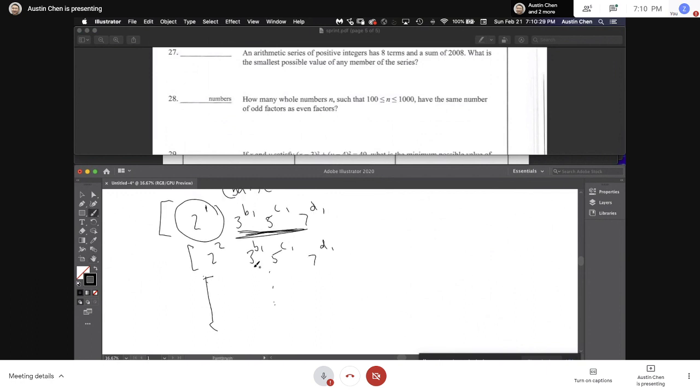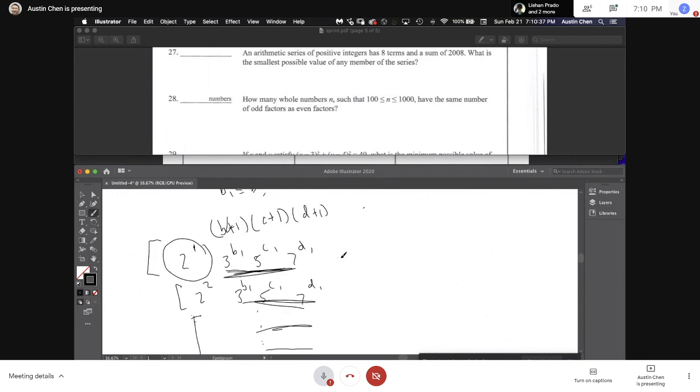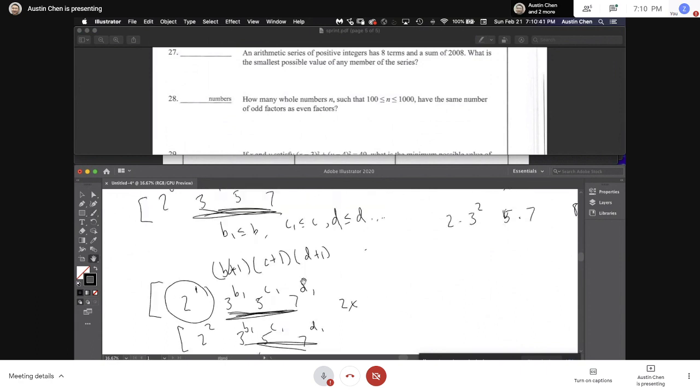But if we could include 2 squared or more, right? Then we're going to have more of these, right? Like if we just have 2 squared and nothing else, then we're going to have exactly 2 times as many even factors as odd factors. But we want our even factors and odd factors to be the same, right? So then we only want to have the 2 to the first case. If we can only have the 2 to the first case, what does that mean?